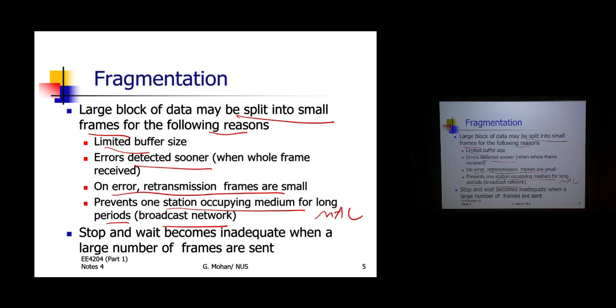So if the frame size is very big, then one user will use the medium for a longer time, and other people may have to wait. So it may not be fair. If we need to transmit a large number of frames, stop and wait becomes inadequate. If we need to send only a small number of frames, it's fine.